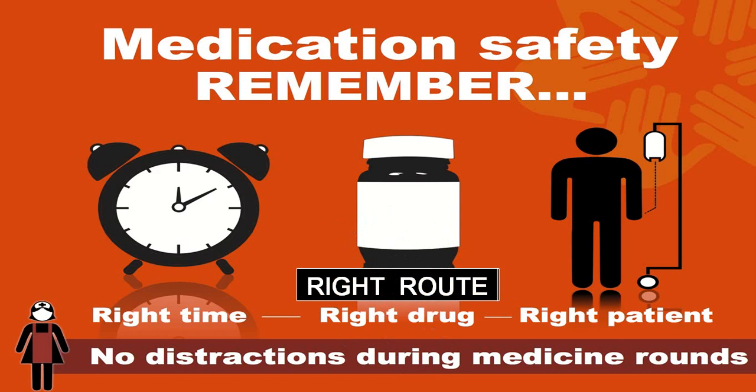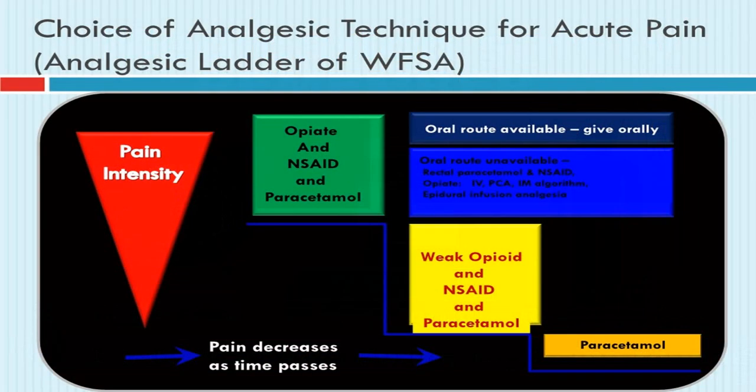Right route, because when it is given by an oral route, there are some factors which decrease the absorption, etc. You have to keep it in mind. In a person with an acute condition, you might have to give IV or intramuscular for the right period of time. If you give it for a short period, dangerous. If you give it for a very long period, also it is dangerous. So you have to keep all those things in mind.